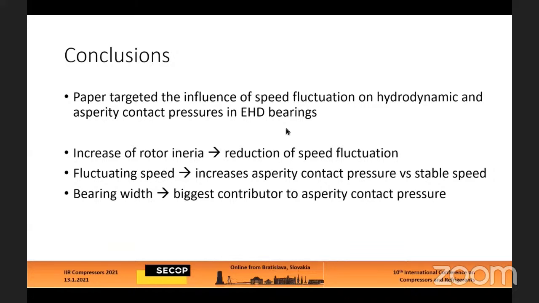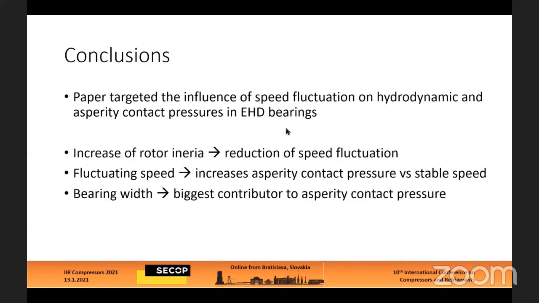We could also then later on correlate the speed fluctuation itself to different bearing output parameters that could be correlated to reliability. And the interesting thing here is that you can also use a tool built in Excite with the design of experiment and the whole post-processing to see what factors are more relevant and the most contributing to reliability, including a model that captures the speed fluctuation as a response of the model.